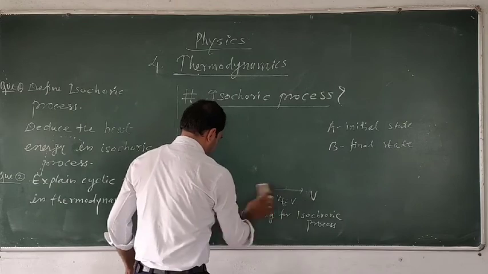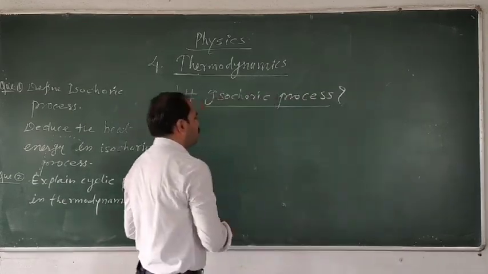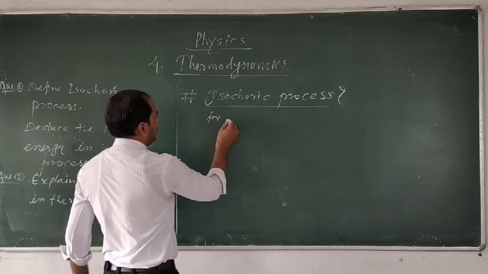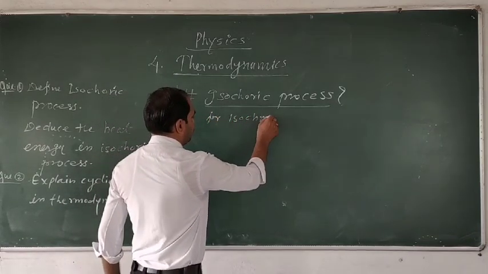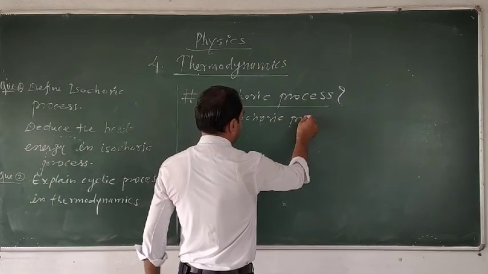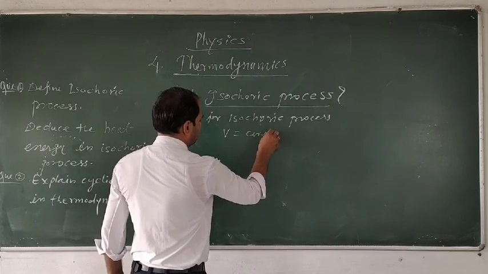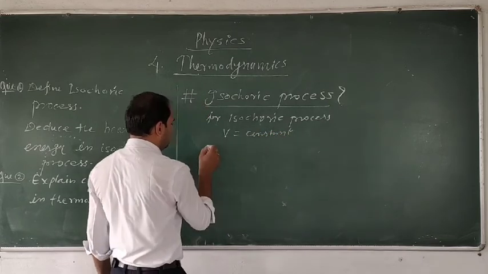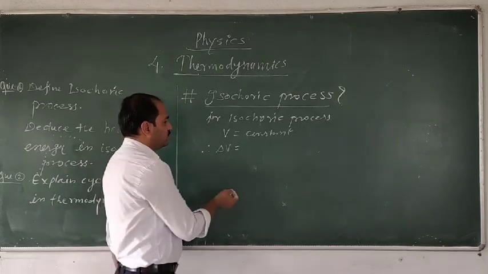So here, as volume is kept constant, for the isochoric process, V is equal to constant. Therefore, the change in the volume is equal to 0.